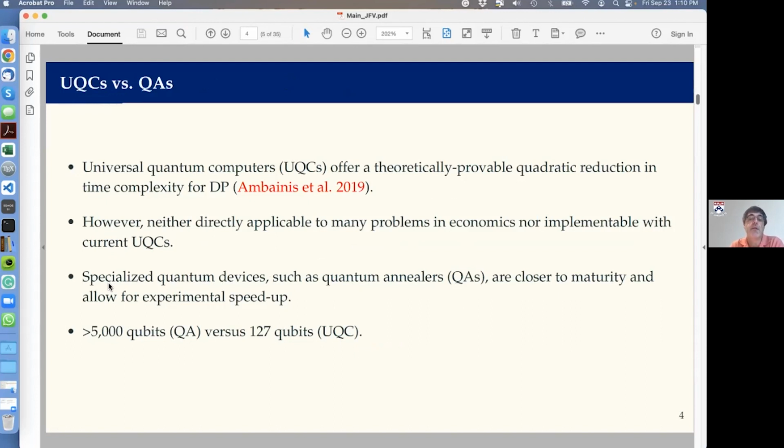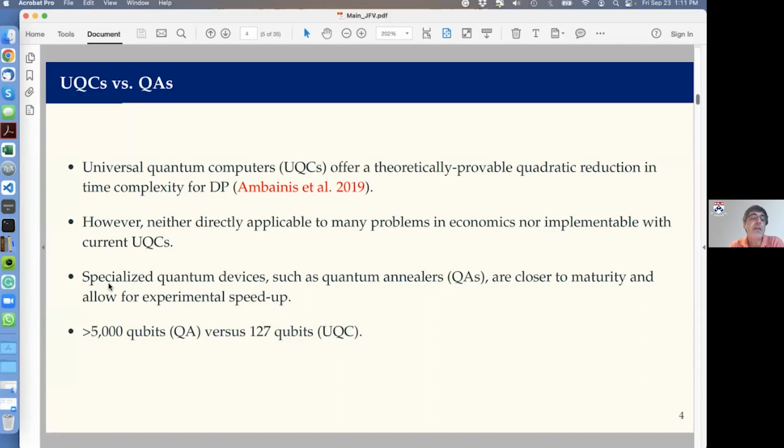However, this is a theoretical result, and because of two reasons. First of all, the way in which some of these results are set up are not directly applicable to many problems in economics. And second, because the current universal quantum computers just don't have enough qubits at this moment. If memory serves me well, the limit is 127. Maybe there is a new computer now with a little bit more qubits, and this is just not enough to actually implement any of these things in real life.